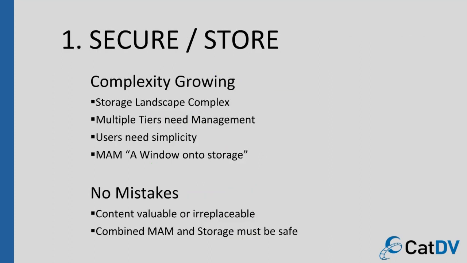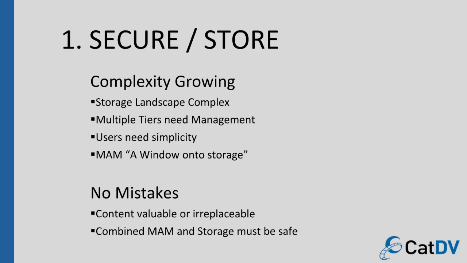First off, being able to secure and store your content. Having taken a look at the storage landscape in the last few years, to handle this increasing volume of content, the storage landscape is also increasing in sophistication and in complexity.